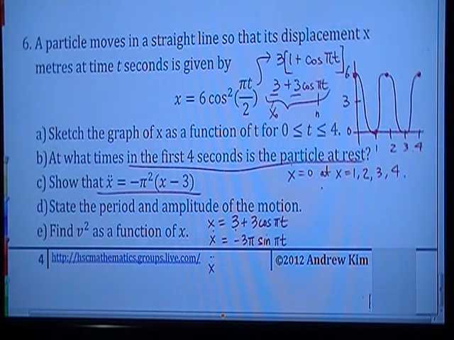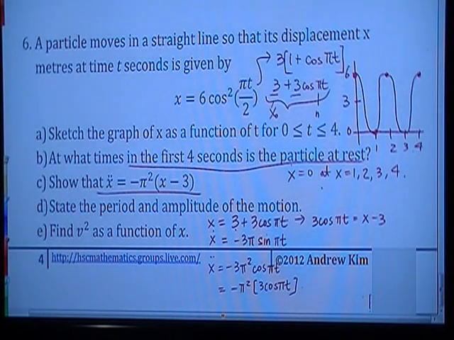And then your x double dot equals minus 3 pi squared cos pi t, which equals minus pi squared times 3 cos pi t. And you know from here, right, 3 cos pi t equals x minus 3. So you sub that in. Equals minus pi squared times x minus 3. And that's probably what they wanted, yeah?